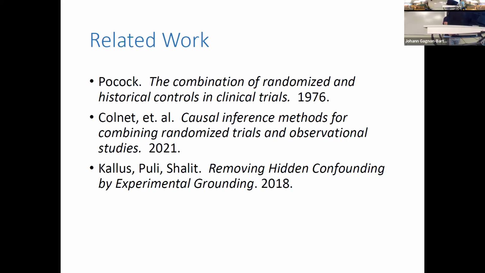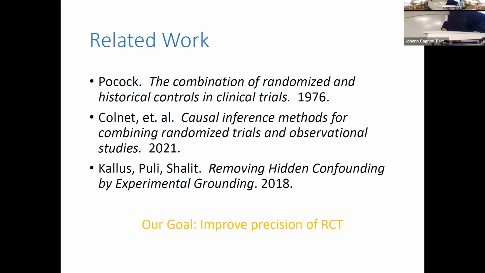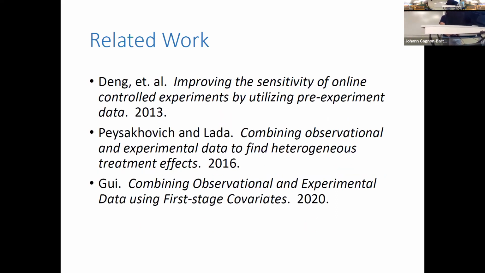What we're doing is a slightly different take, which is to improve the precision of the RCT. There's a little bit of related work on using observational data to improve the precision of RCTs. A lot of it is in online computer experiments.